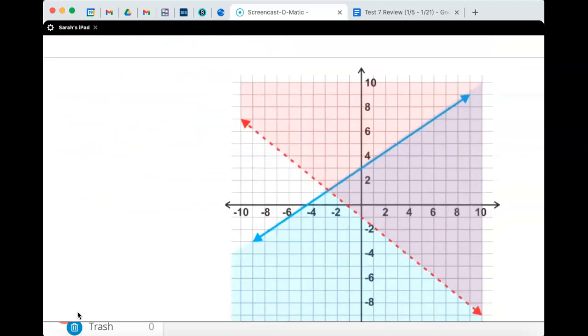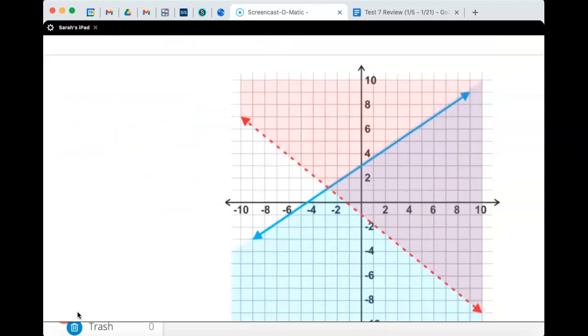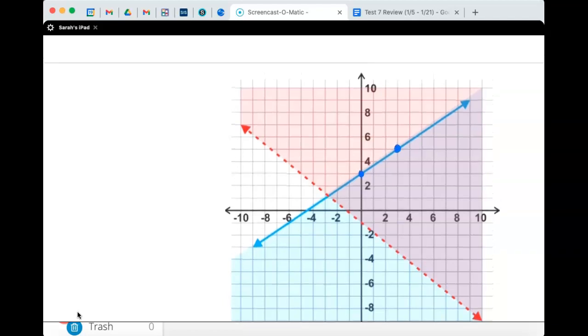Here's the next one. You guys are going to do this one by yourselves. Some of these points are weird. There's a point where it crosses evenly, here's a point where it crosses evenly. Same thing with the red one. It crosses there evenly, and over here evenly. So use those points to find the slope.